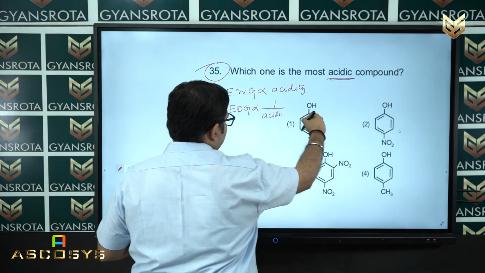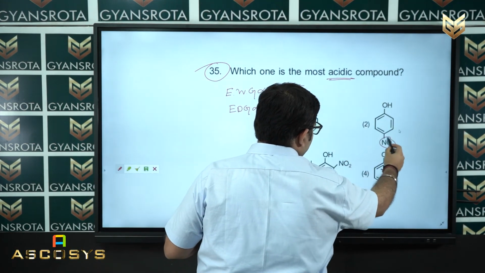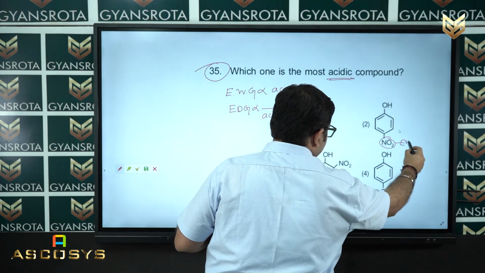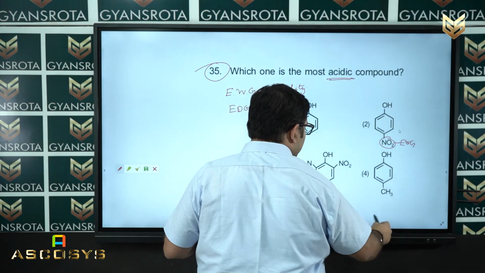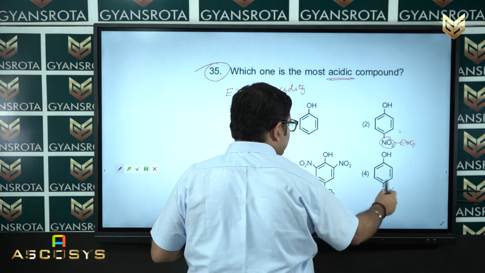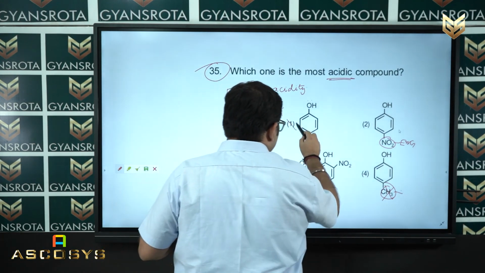Now, if you see here, only OH is present; here NO2, that is an electron withdrawing group, is present. So, this may be the answer. Option number 4 is not possible because CH3 is an electron donating group, which does not favor the acidity. So, this is also not possible.